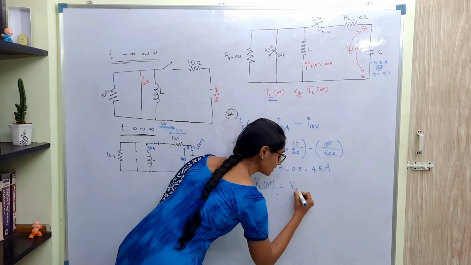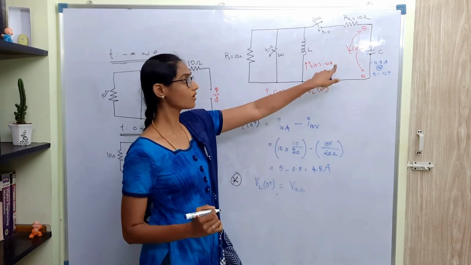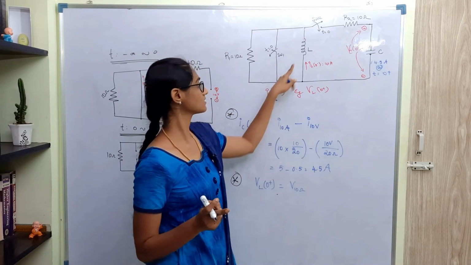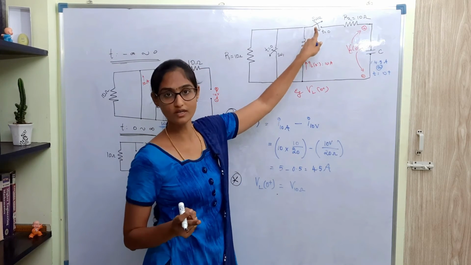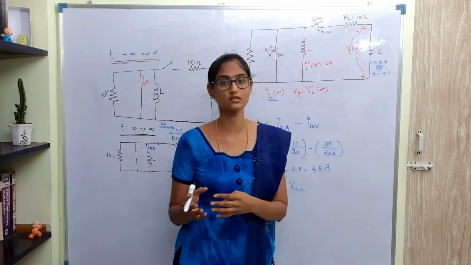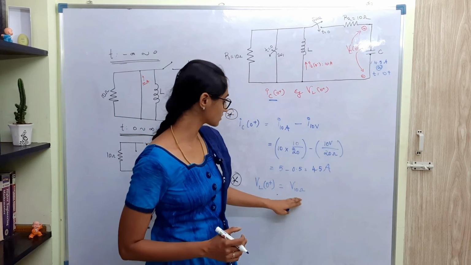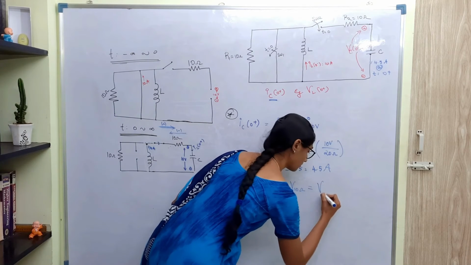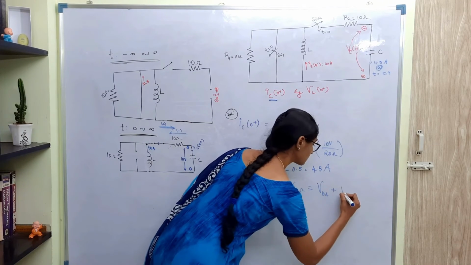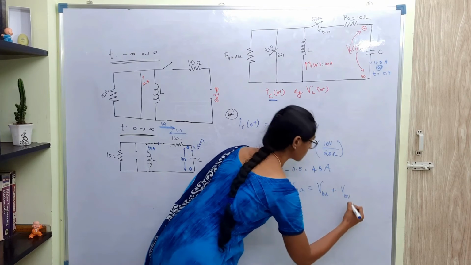And this voltage is again contributed by two different sources. One is this 10 ampere which is coming out of the inductor, and then this 10 volt which is contributed by the capacitor's initial voltage. So this voltage will be the voltage contributed by 10 ampere plus the voltage contributed by 10 volt.